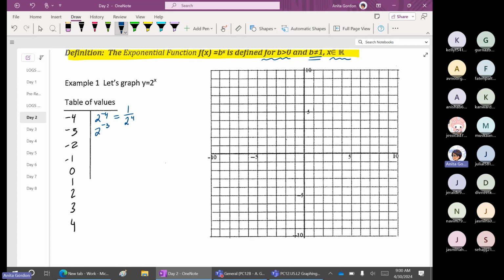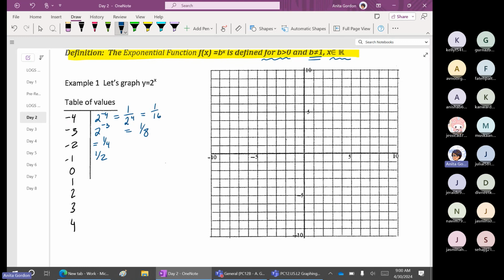If you have a denominator with a negative exponent, that means it belongs in the numerator. So I'm just going to simplify this as a fraction, 1 over 16. And then the 2 to the -3 is just 1 over 8. And this is 1 over 4. And this is 1 over 2.